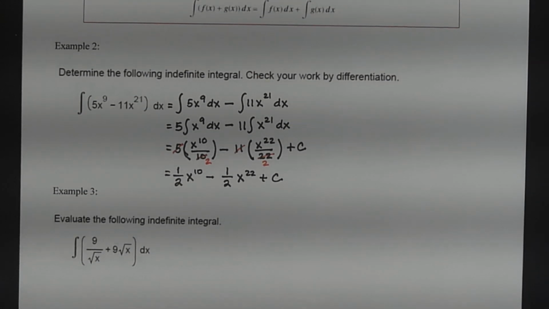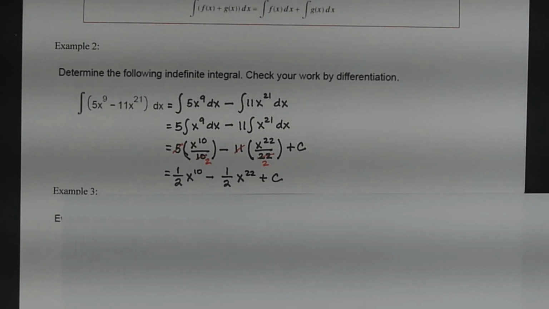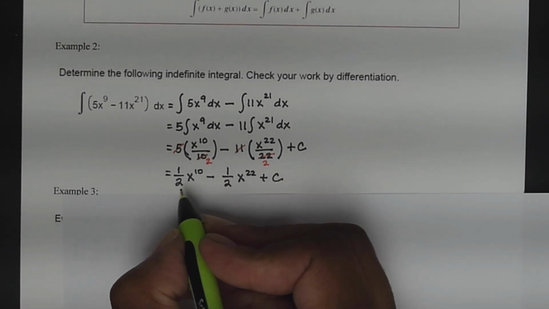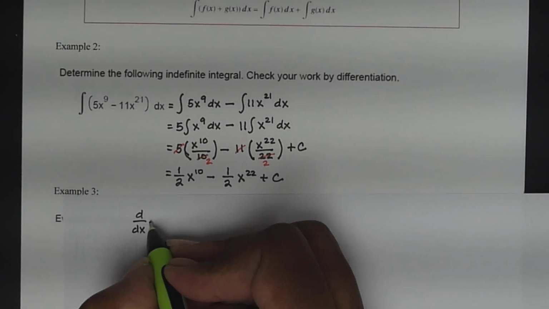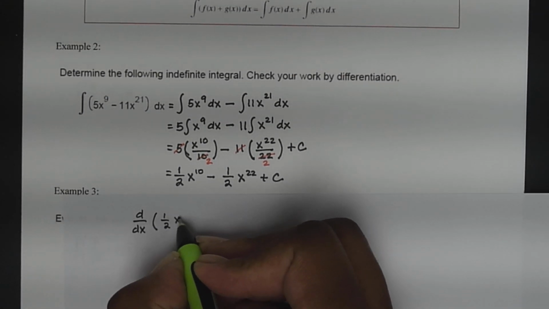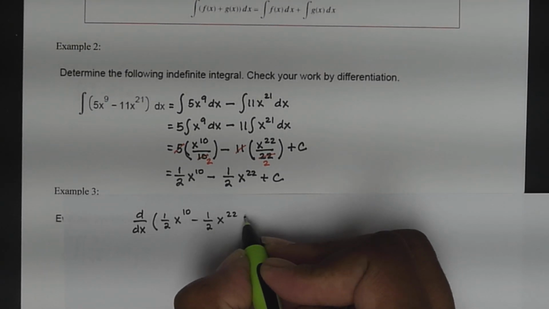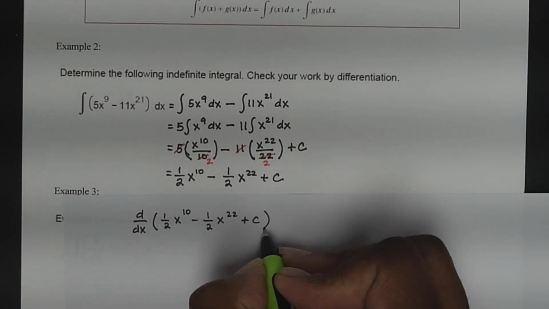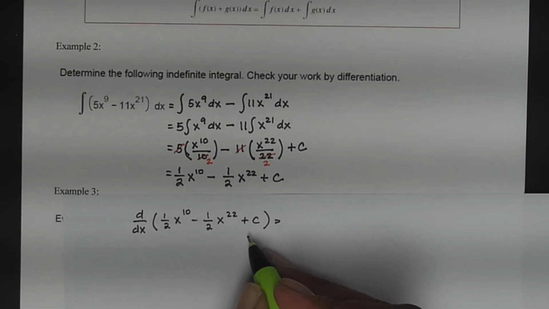Now, if I want to check that answer by differentiation, what I can do here is take the derivative of that expression right there. So the derivative with respect to x of 1/2 x to the 10th minus 1/2 x to the 22nd plus c. So here I can take the derivative of each term in the parentheses.